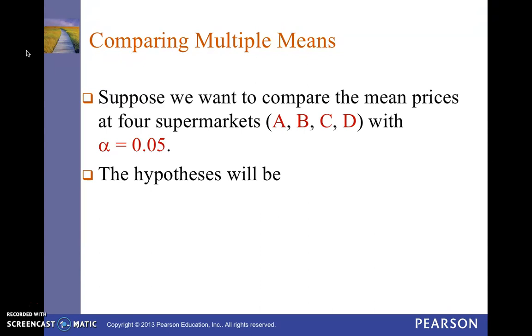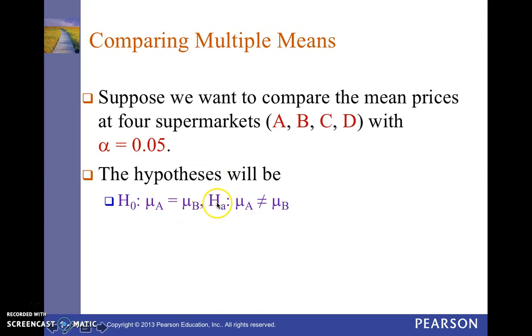The problem is, if we use the logic that we used in Chapter 8 and Chapter 9, we would end up with 6 different hypotheses to test. The idea of mu is just a way of saying mean. Remember, there are always two hypotheses. The null hypothesis suggests there's no difference between the groups; that's what the equal sign implies.